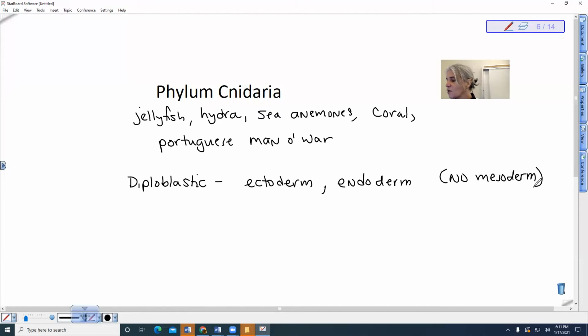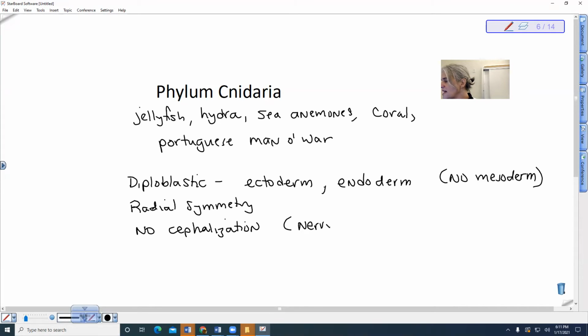They also have radial symmetry. And because of the radial symmetry, they have no cephalization, meaning they have no brain. So they have what we call a nerve net.